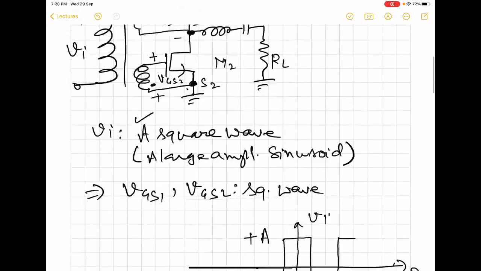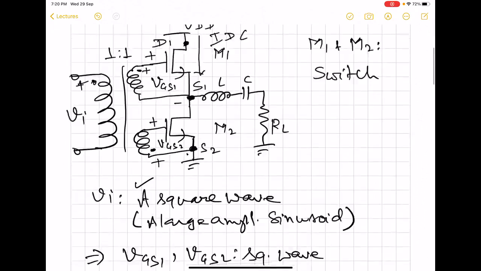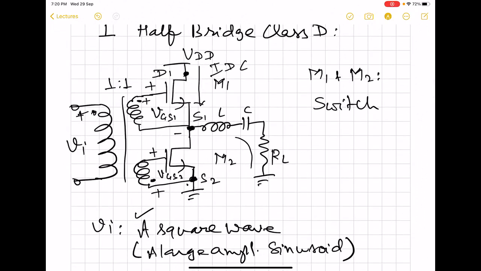Because of this LC, there will be fundamental current flowing through the load, because only at one frequency there will be zero impedance offered by this series LC. So we have to find out what this fundamental current is and this DC.